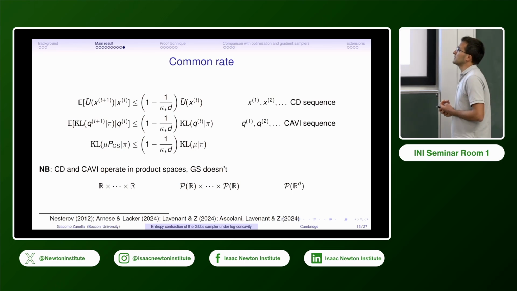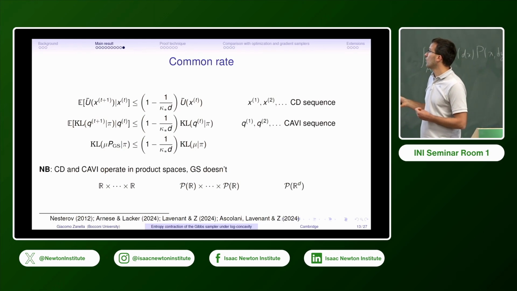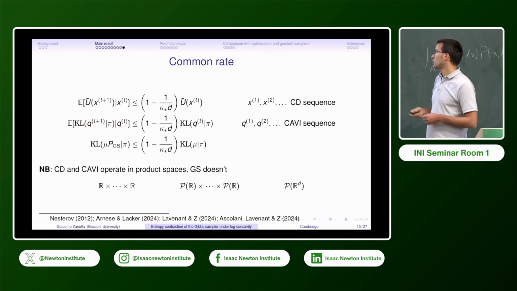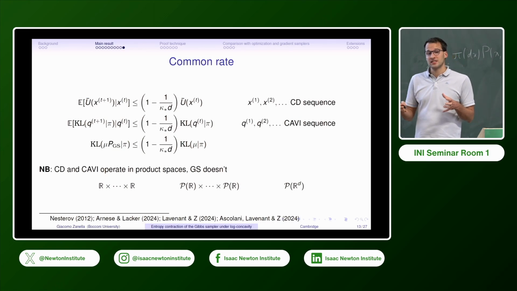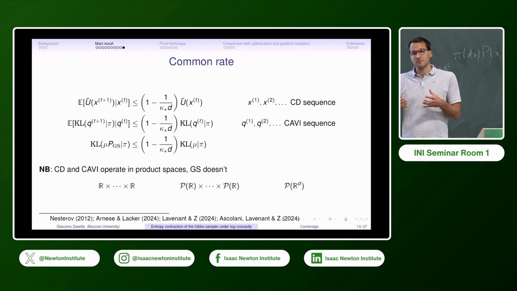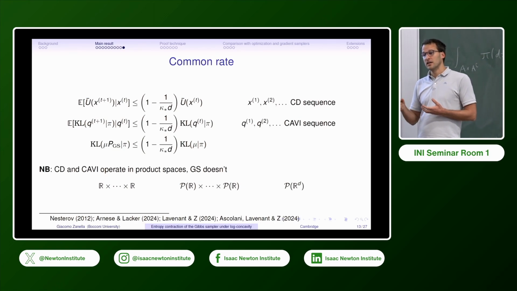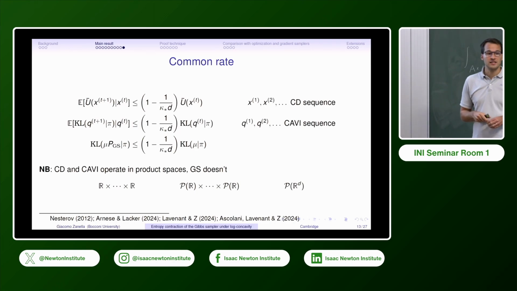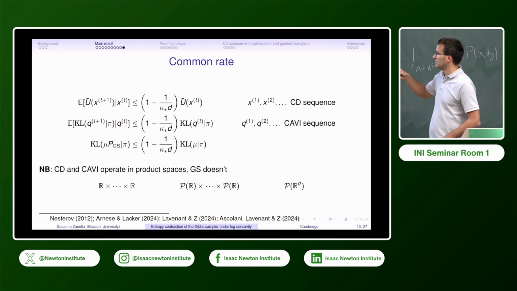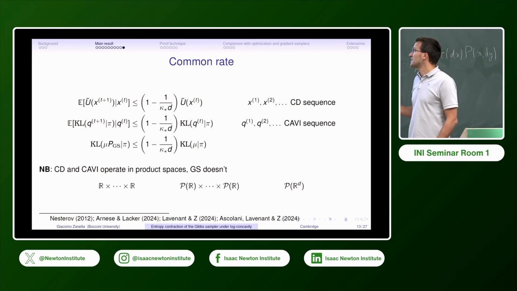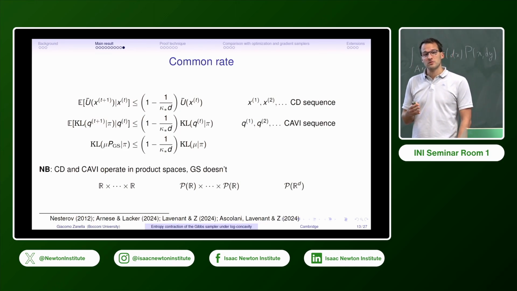What is, in some sense, a bit different about the Gibbs sampler is that the space it operates in is the space of joint distributions of the variables, which in general is much richer and more complicated than the space of product distributions, say, products of univariate distributions. Okay? So indeed, the Gibbs sampler is not in general a coordinate ascent method, it's more like a random projection method, as I will discuss.